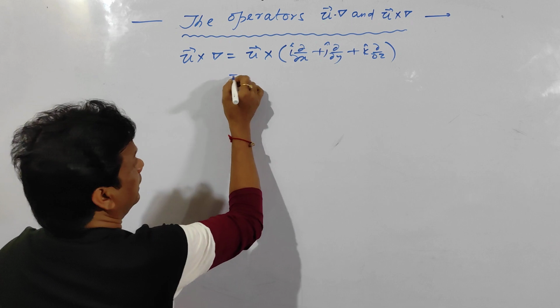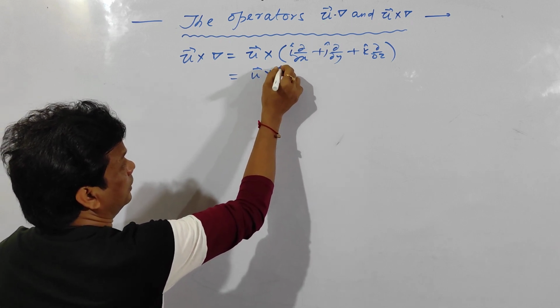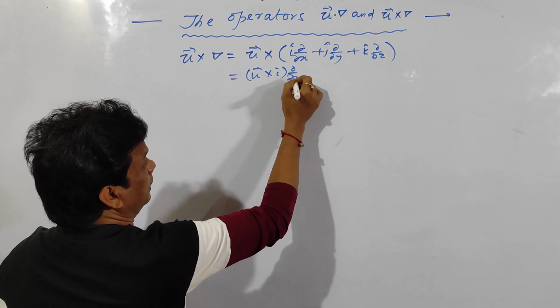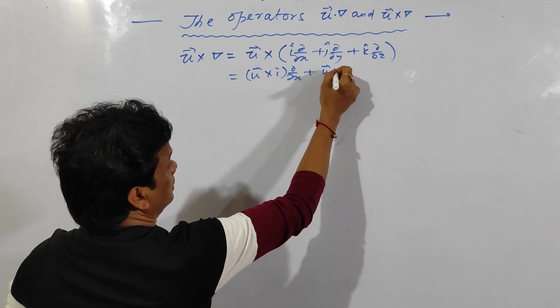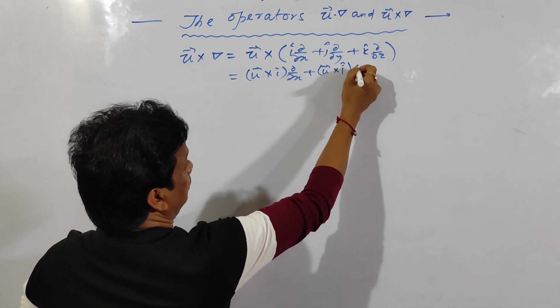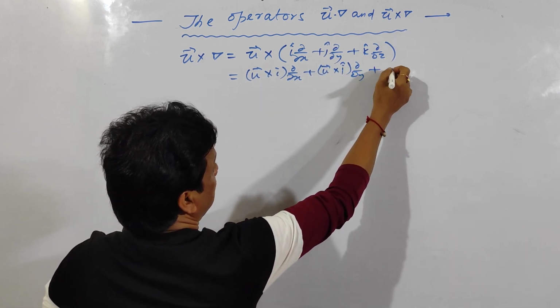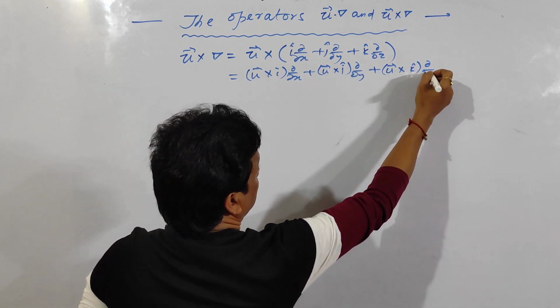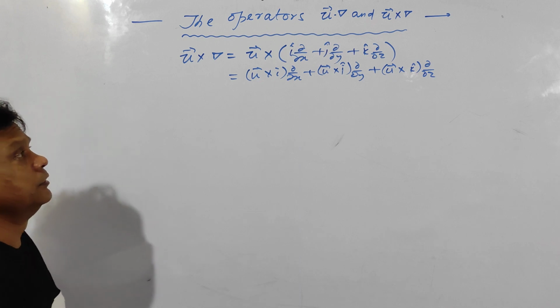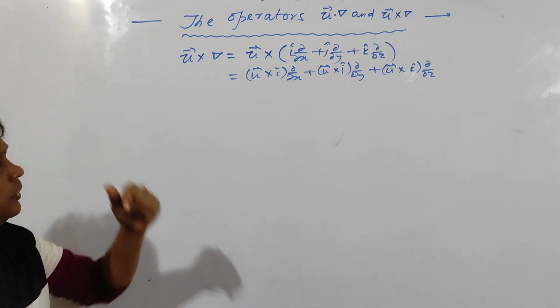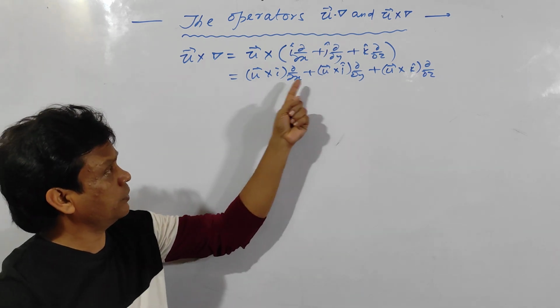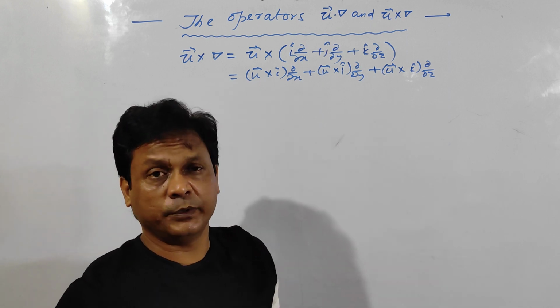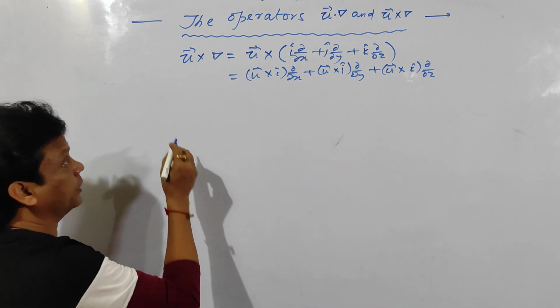And in the same way I can write u cross i cap into del by del x plus u cross j cap into del by del y plus u cross k cap into del by del z. And it is a vector differential operator because it is a cross product, so i, j, k will be present.